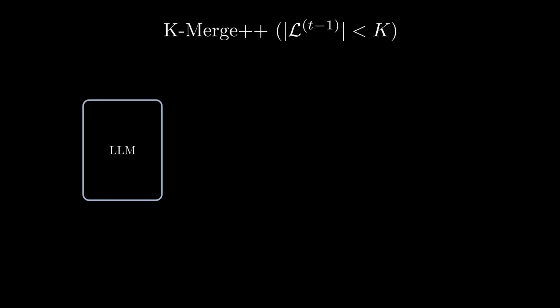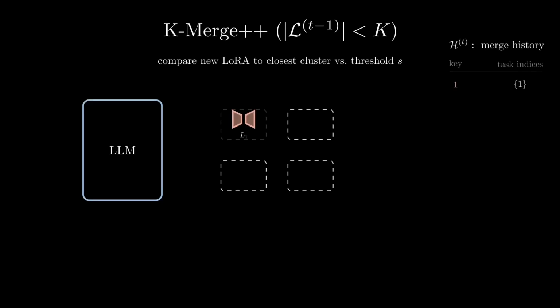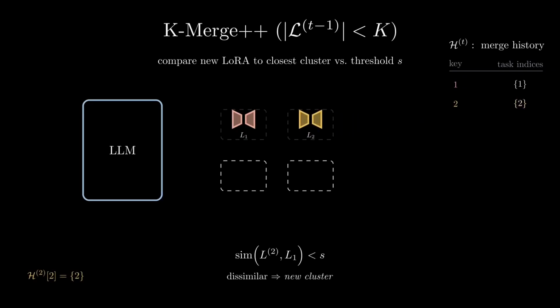In K-Merge++, the decision is adaptive, based on a threshold that has been tuned on a held-out validation set of completely different task language combinations. When a new LoRA arrives, we compare it to the stored ones. If the cosine similarity is below the threshold, we start a new cluster. If it's above, the new LoRA is merged with the closest cluster, and we update the cluster merge history.